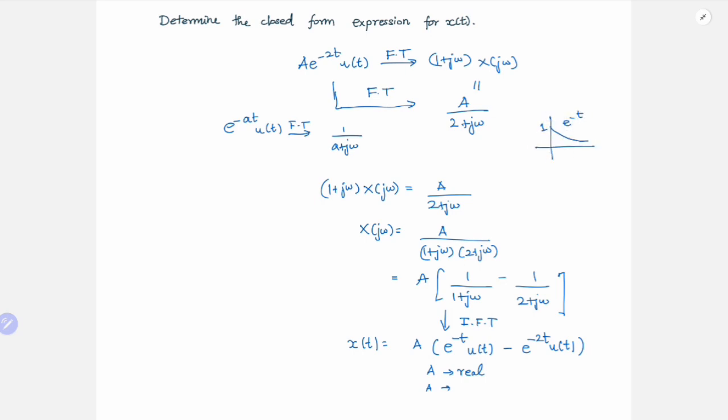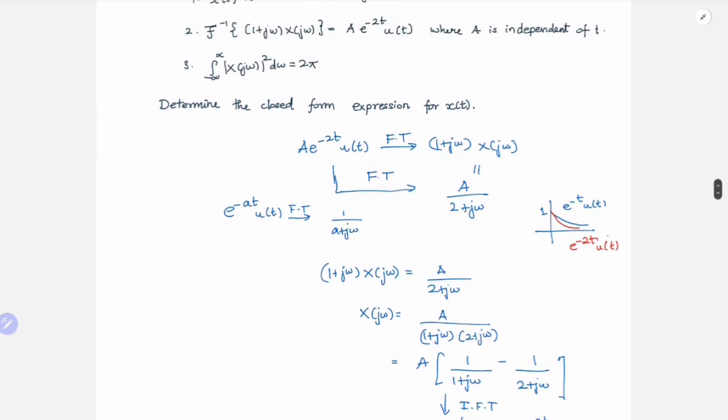This starts from 1 u of t, and e power minus 2t u of t. e power minus 2t is going to fall faster than e power minus t. So this term is positive always. It is 0, then it becomes positive. So a also should be positive. So it is a positive real number.